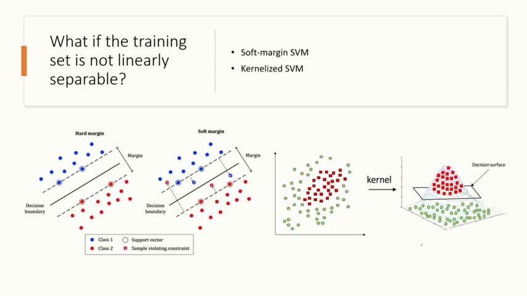Make this into 3, 0, 0. And then you transform this into 1, 2, 2, and transform this to 2, 1, 2. So this kernel function, after transformation, increases the dimension from 2 to 3. And in this 3D, you can plot these 4 data points onto the 3D space, then they become separable.